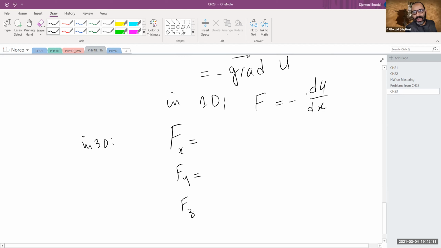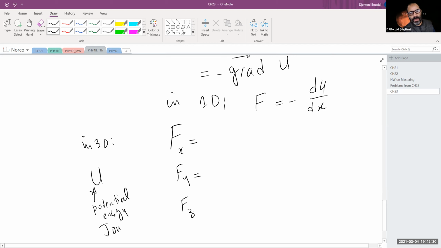And I need to write them in terms of this U, where a big U is what I'm calling, in this case, the potential energy. U is measured in the same units as the kinetic energy, as much as the work and everything else. So U has the units of joules, okay?